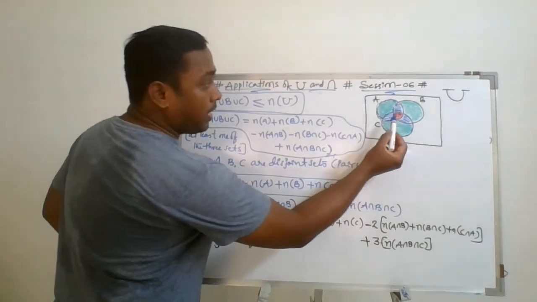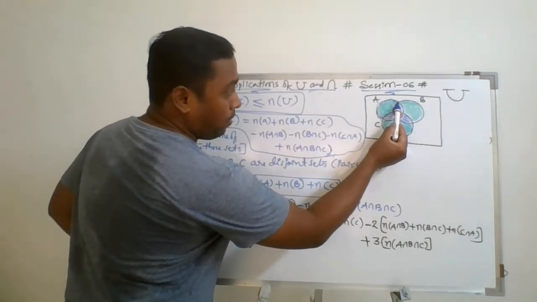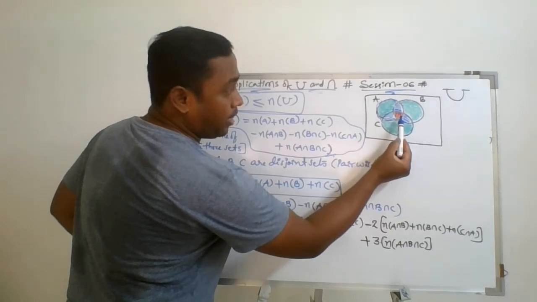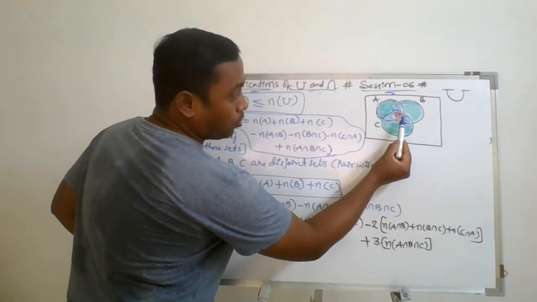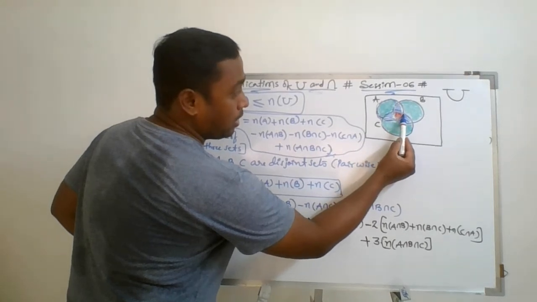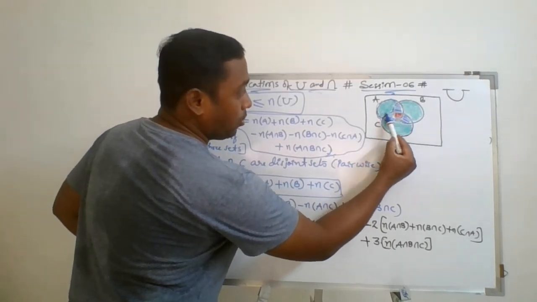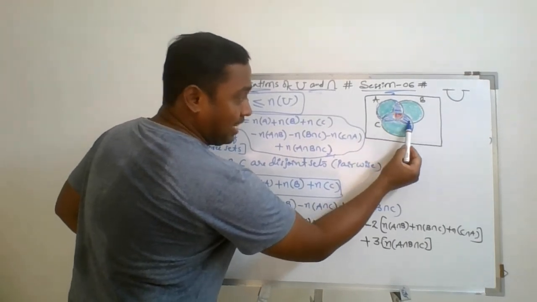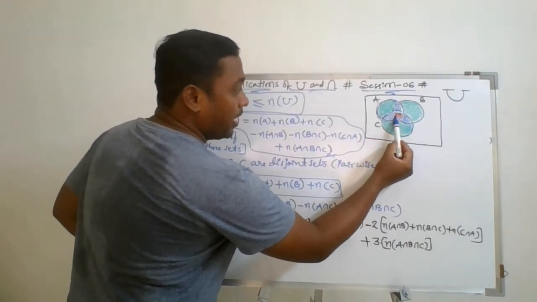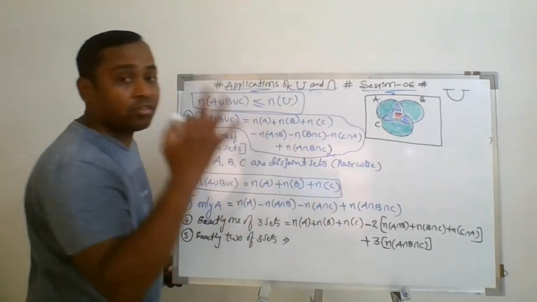So how could I get only blue area? From A intersection B, I need to subtract red portion. From B intersection C also I need to subtract red portion. From A intersection C also I need to subtract red portion. Hence, from these intersections, this red portion has to be removed thrice.